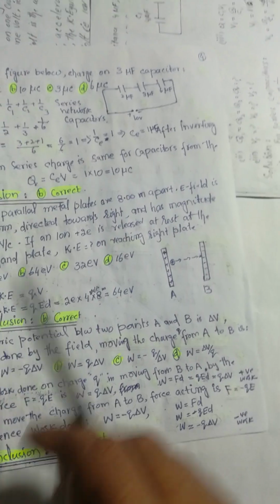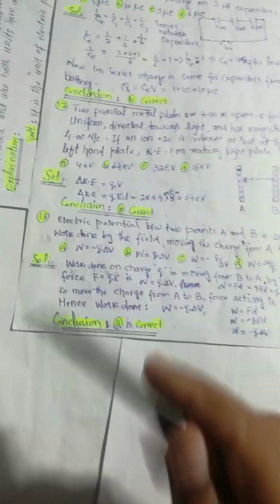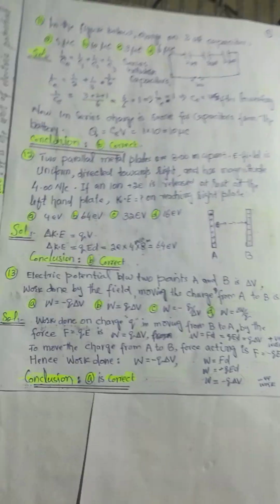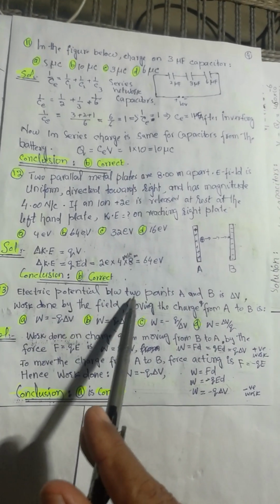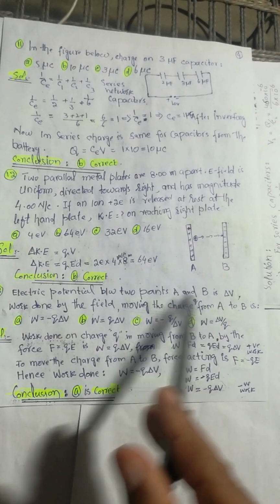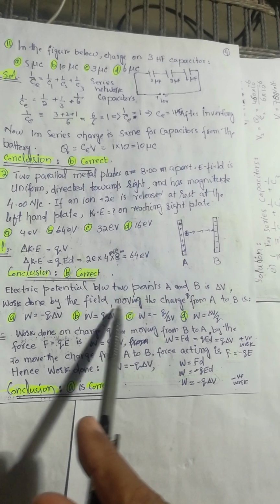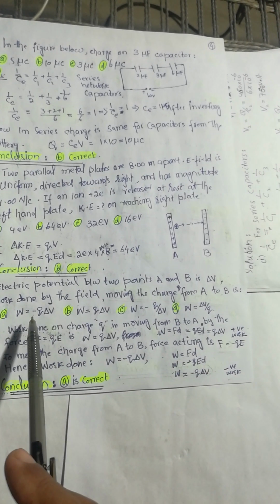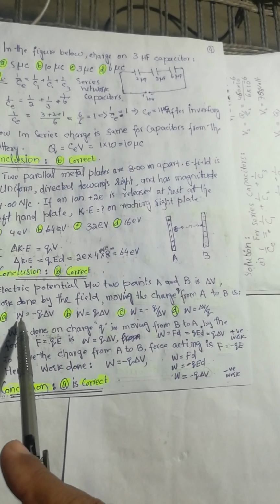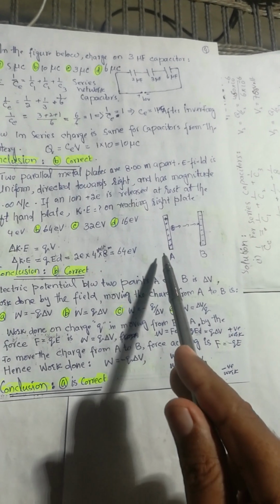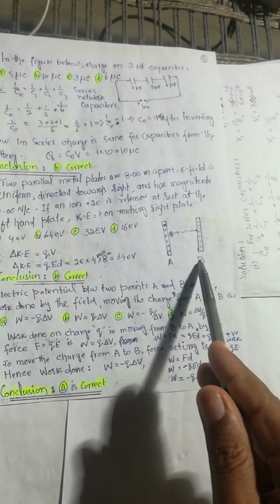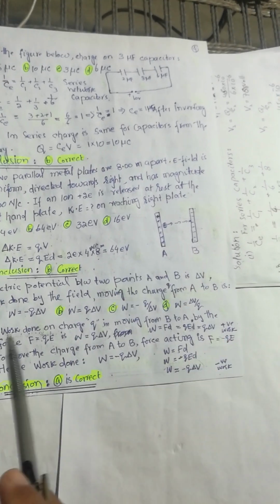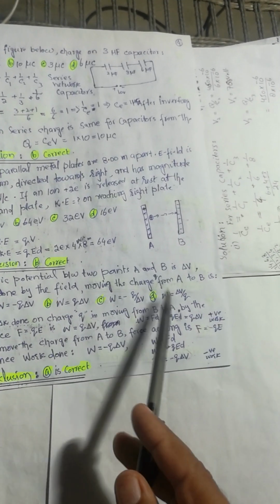Now question number 13. The electric potential between two points A and B is delta V. The work done by the field in moving a charge Q from A to B is what we have to find, from plate A towards plate B. Four options are given.